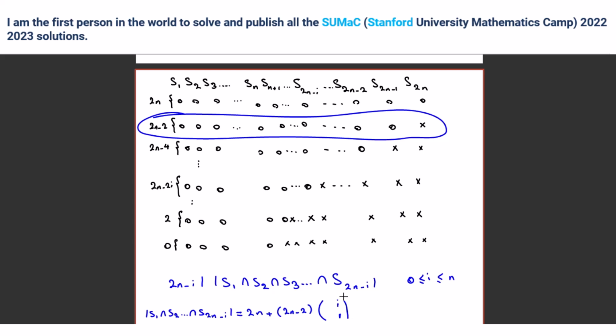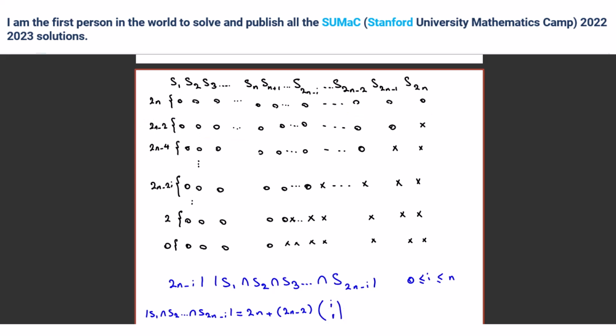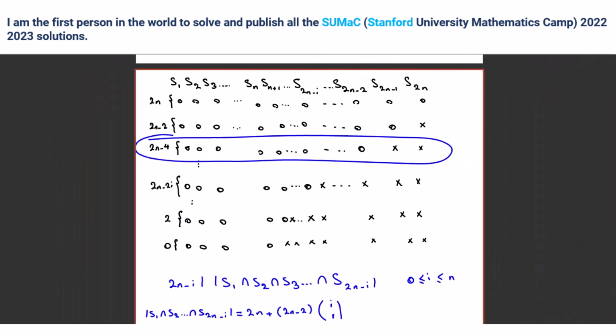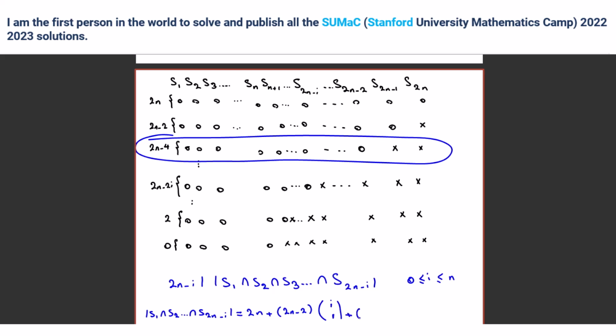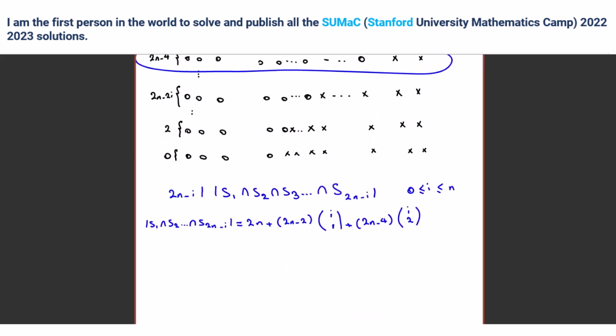Okay. Now, what about the effect of this? 2n minus 4 times what choose what? i choose 2. Exactly. And we can say the first one is i choose 0, right?